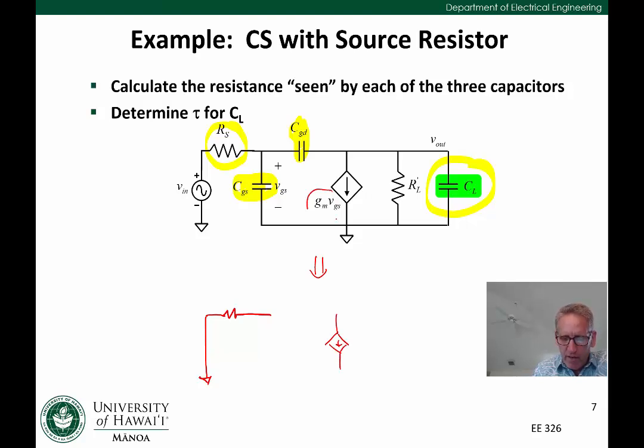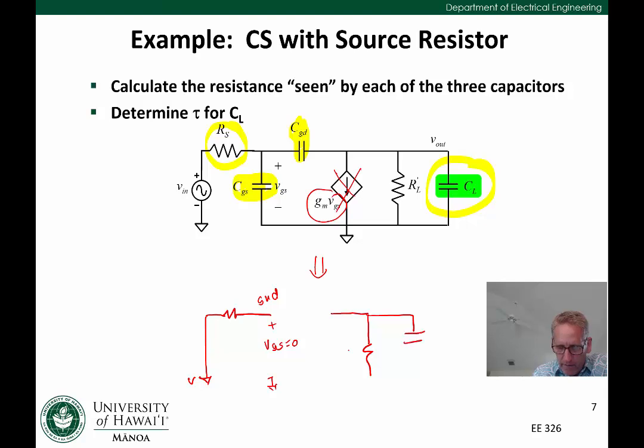Now I'm looking at this GM-VGS term, but if this is ground, then this must be ground. That means VGS, which would be from here to ground, would also be equal to 0. And so we have no voltage-controlled current source. Now we're left with just the right side of the circuit, which has RL prime and CL.